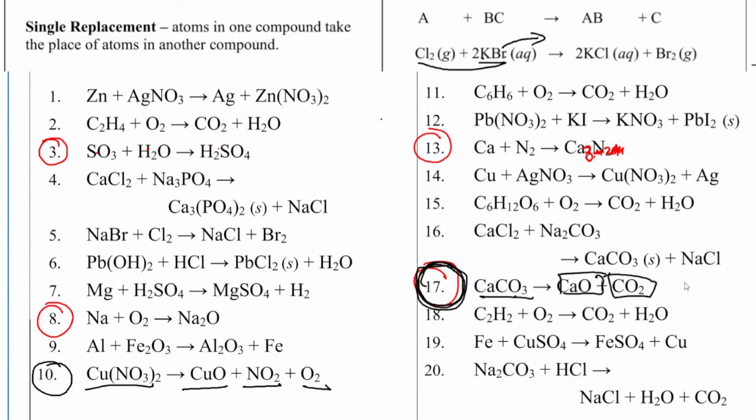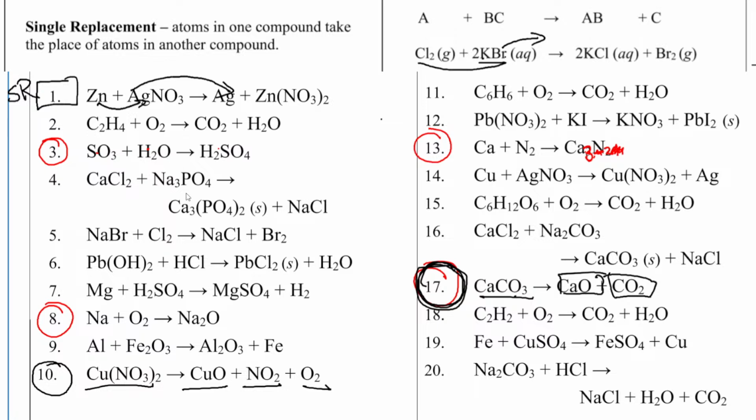All right. So single displacement, that's what we want to find here. Looks like number one, yep, Ridgel, you got it right. Number one, the zinc pushes the silver out. So this is a single displacement. Sometimes teachers write SR. I don't know.